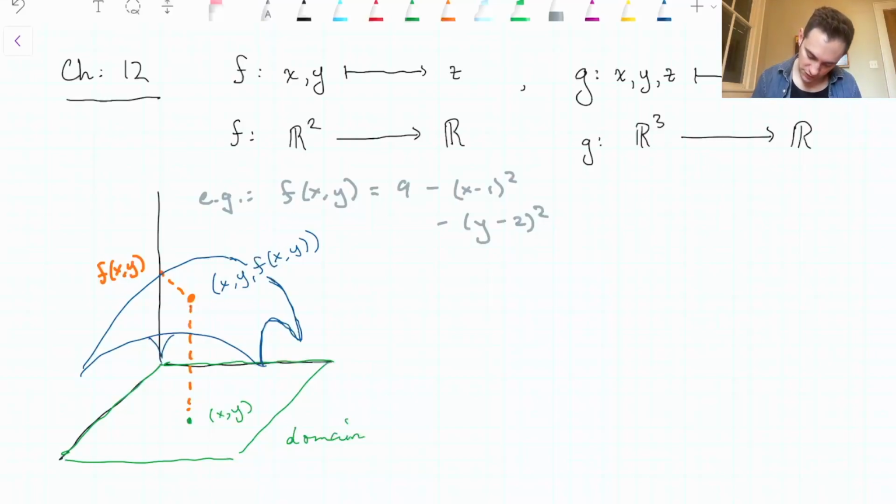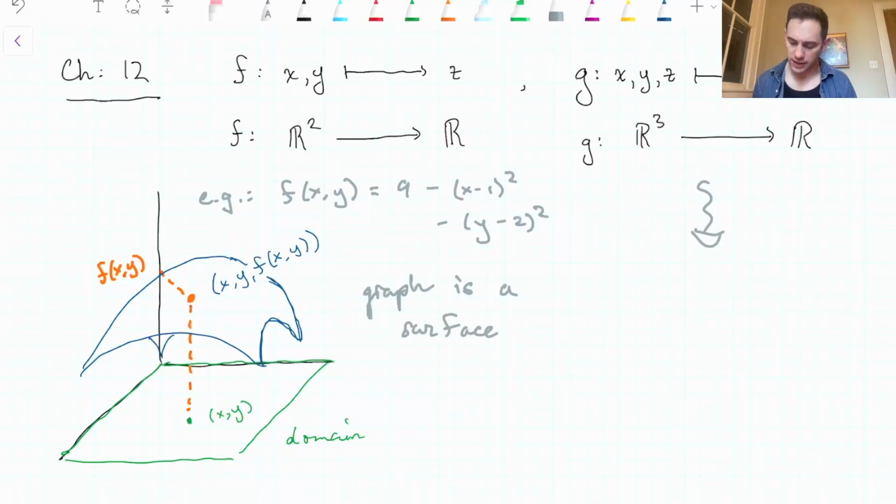Of course, the graph here is a surface. I'm going to delay the point right now of how to graph a function with 3 inputs and 1 output. We'll get there very soon. But first, let's meet some of the fundamental building blocks, our surfaces.